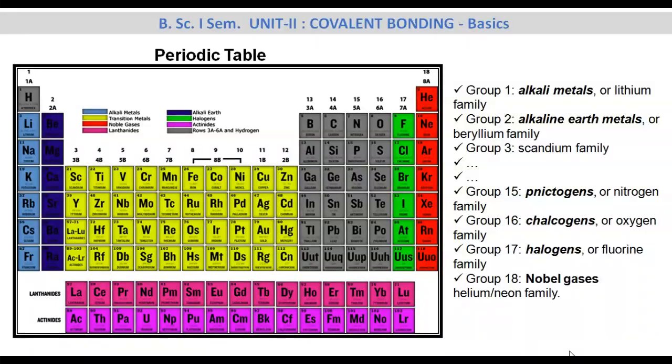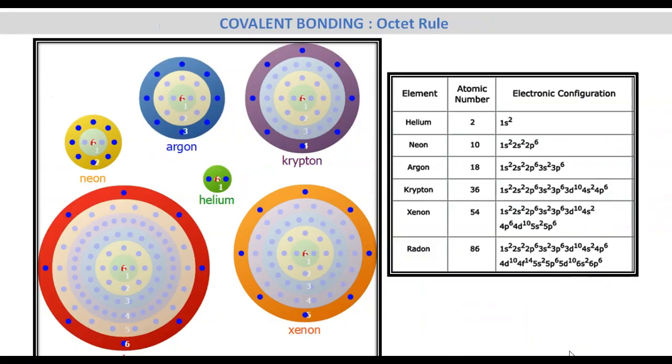If you see the electronic configuration of all the elements present in the periodic table, we come to the conclusion that a similar pattern is followed in the group 18 elements, where the last shell contains 8 electrons. For example, neon contains 8 electrons in the last orbit, that is the second shell, containing 2 electrons in the s orbital and 6 electrons in the p orbital.